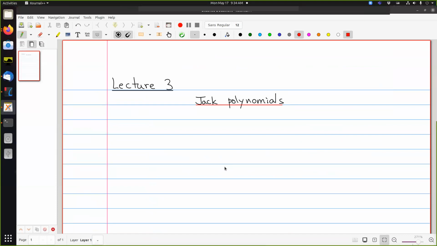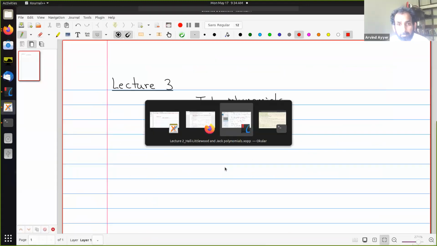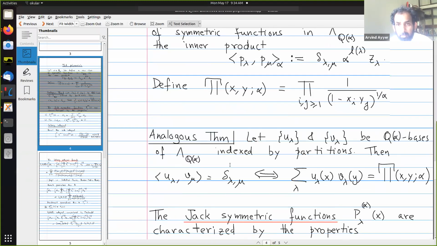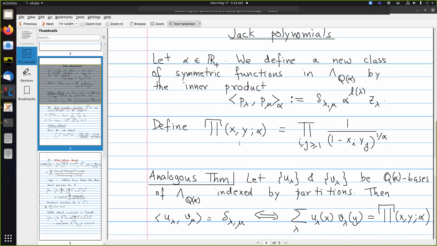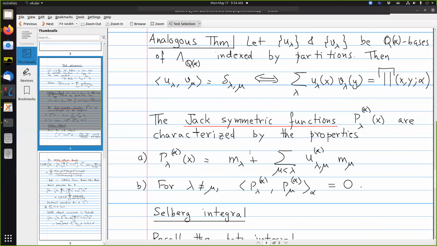What about P alpha with itself, the inner product? This one, right? P lambda alpha, this one?